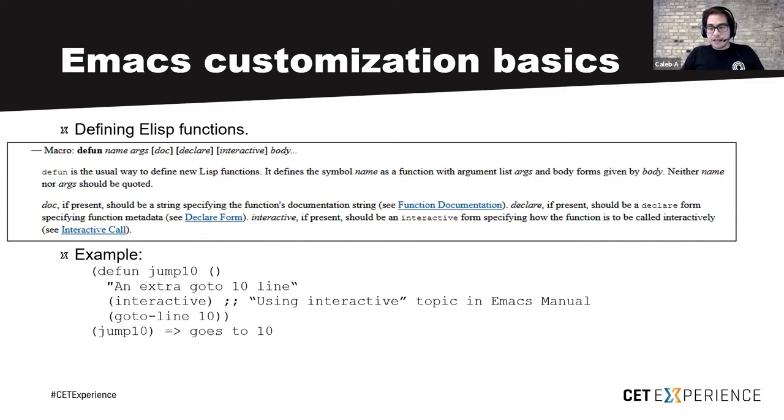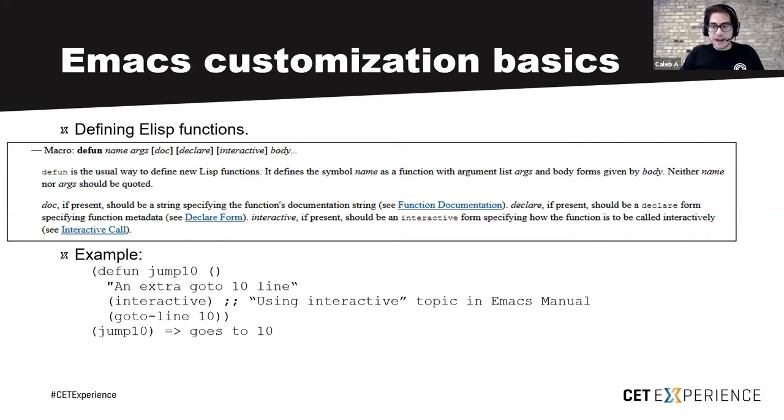And if you intend to ever invoke your function through the minibuffer with M-x, interactive must be used. Otherwise, it will not be recognized as a user interactive function and only callable through other eLisp functions. So you'll see that right here.